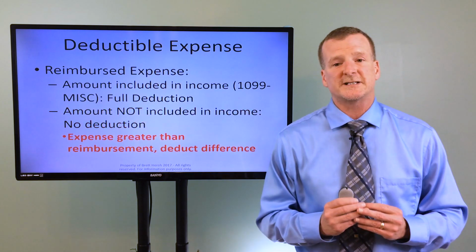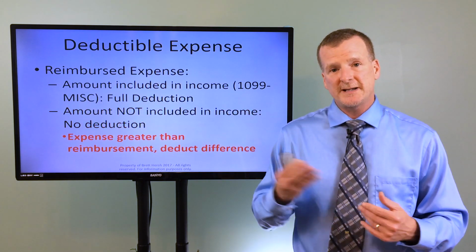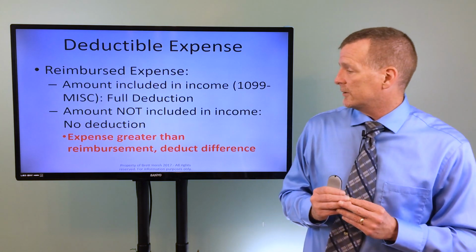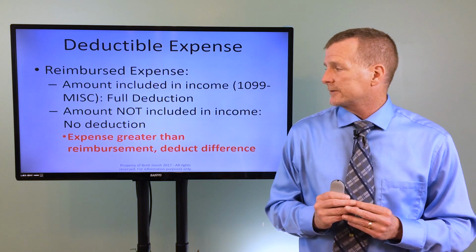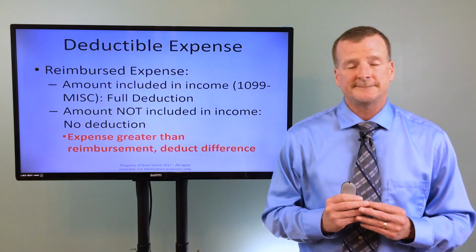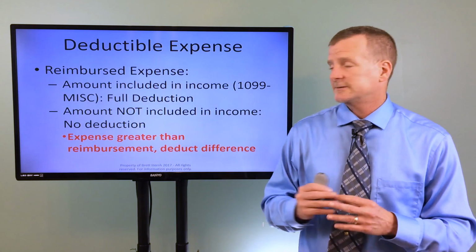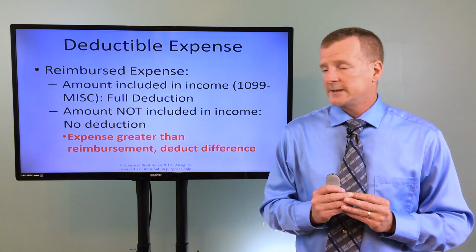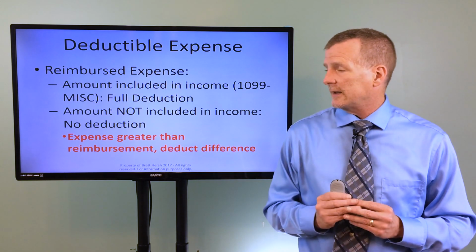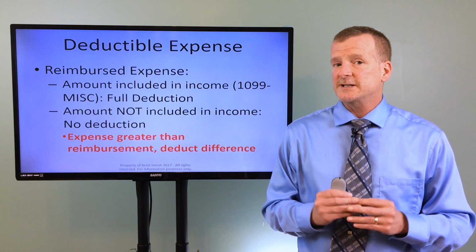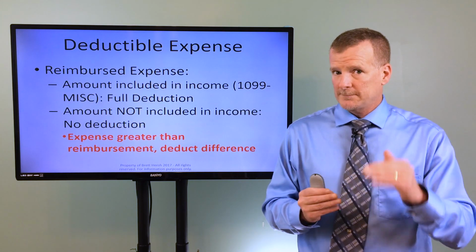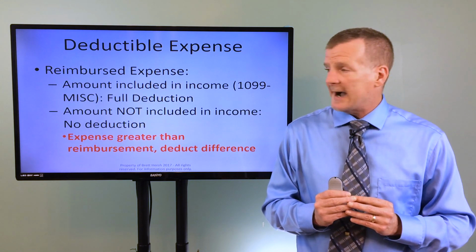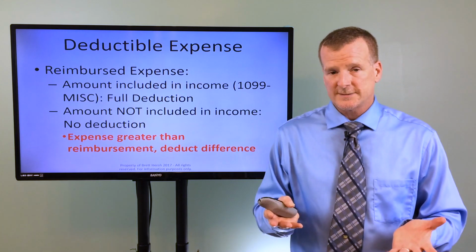Now, in the event that the amount of money you spend, that $100, is greater than the reimbursement amount that is included in your income, you can deduct the difference. So if I spend $100 and I'm paid back $50, and that $50 I'm reimbursed is not included in income, I get to deduct $50.